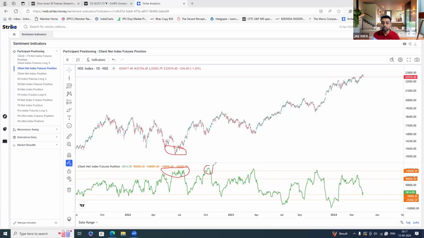Again over here you can see that the market bottomed. Over here the market peaked. So it works inversely: when they are long at positive 90,000 or 140,000, that's where the market actually bottoms.